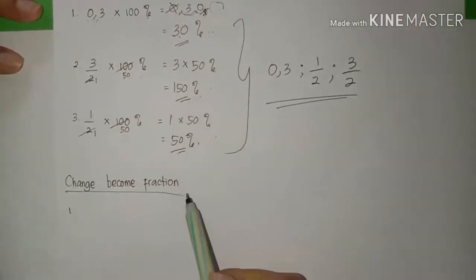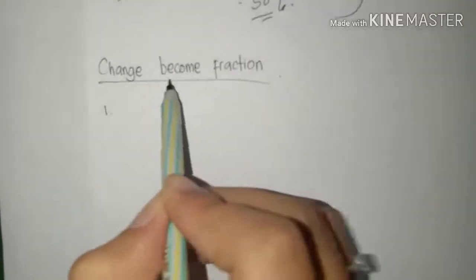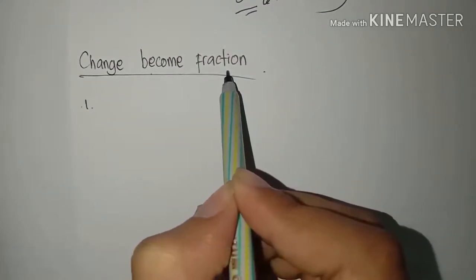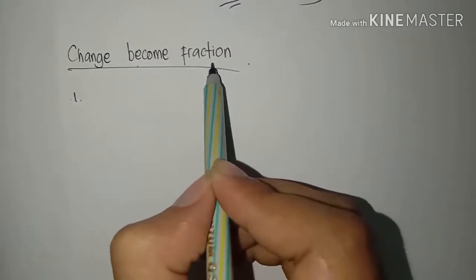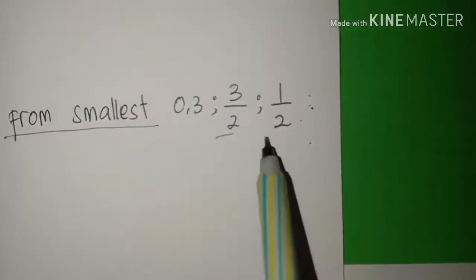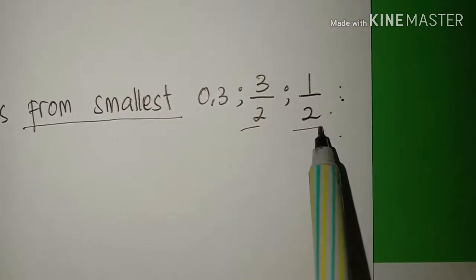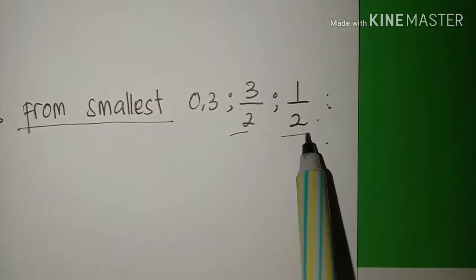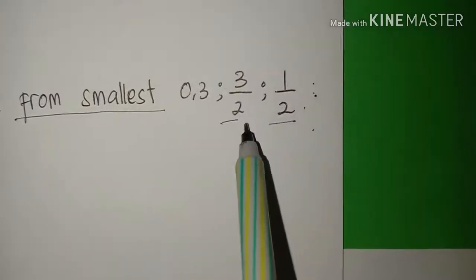Okay, now the second way, we can change all of the patterns become fraction. We have 3 patterns, and the second and third patterns are fractions. So we do not need to change them become fraction, the types are the same.